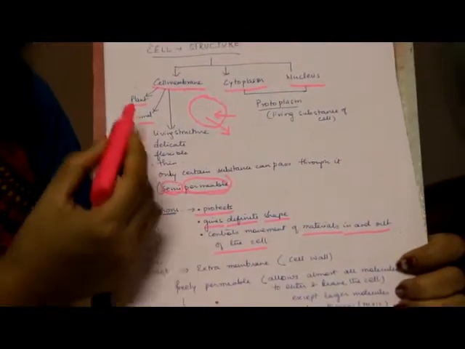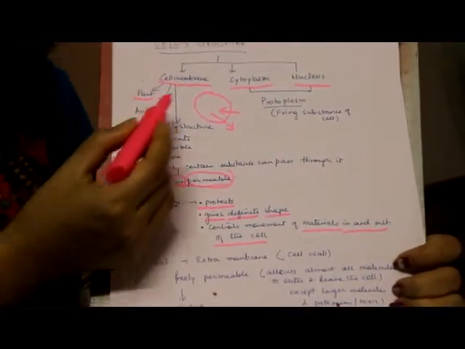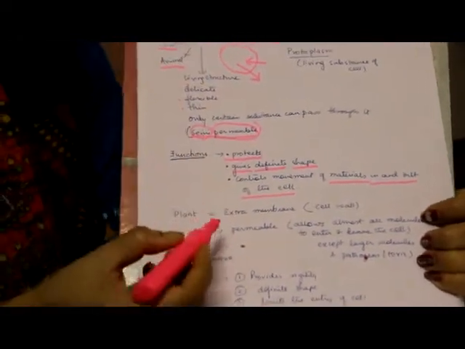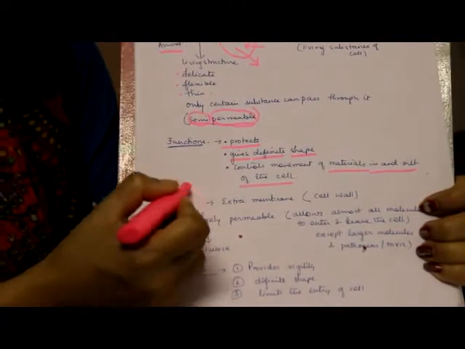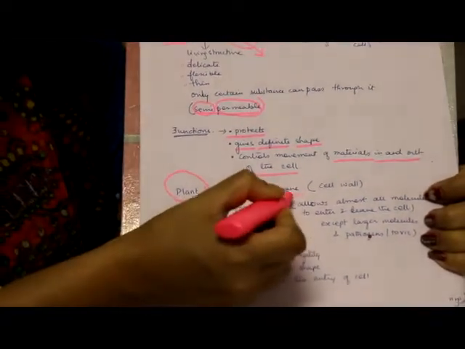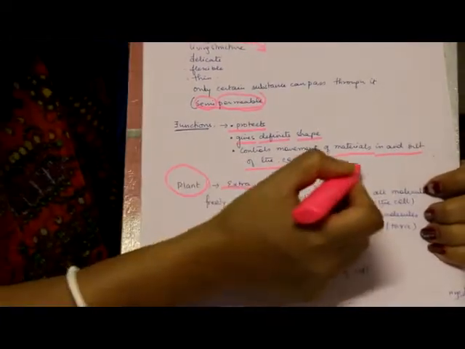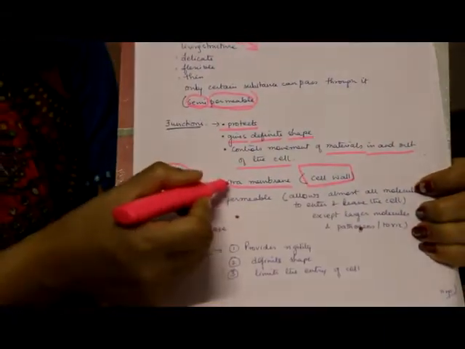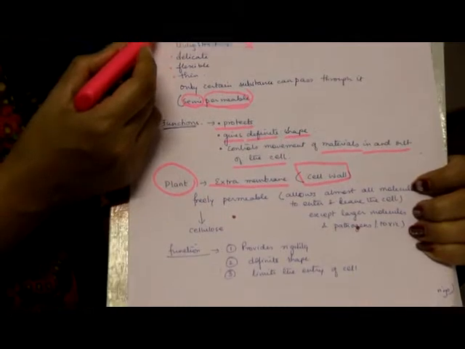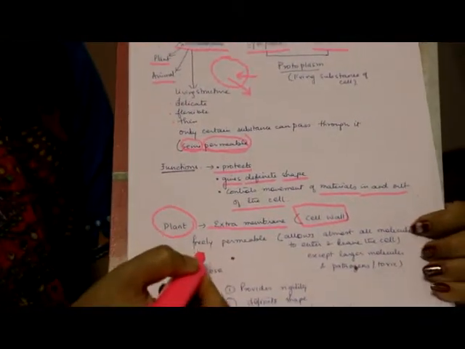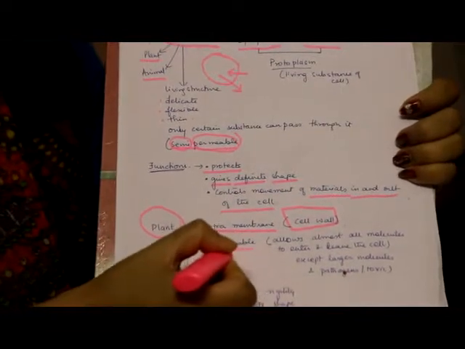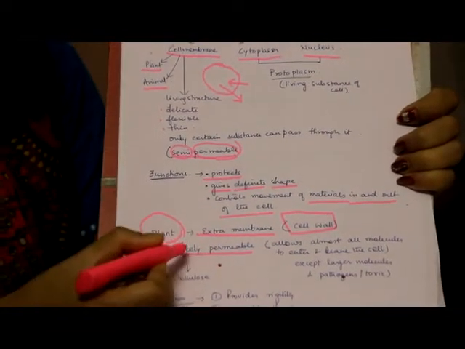In both plant cells and animal cells the membrane is present, but there is an extra wall present only in a plant cell, and that extra wall is referred to as the cell wall. This cell wall is not present in an animal cell. The cell wall is freely permeable.